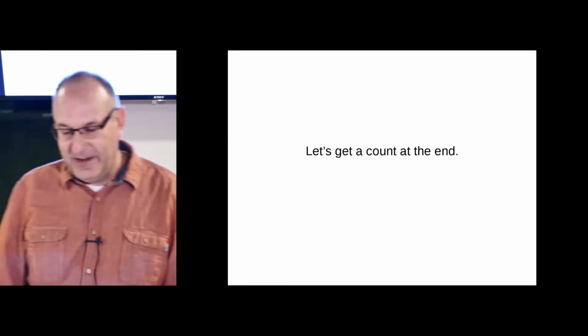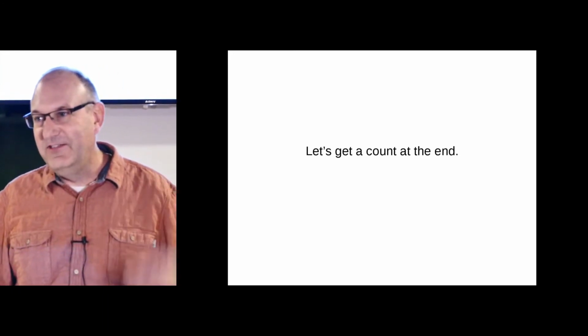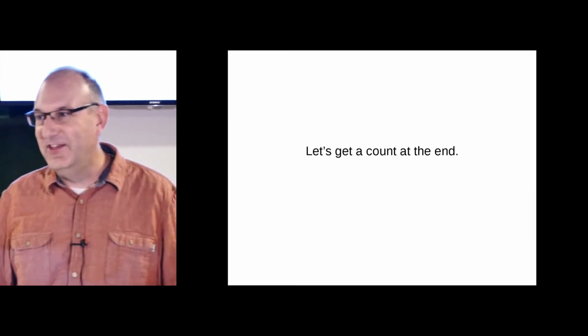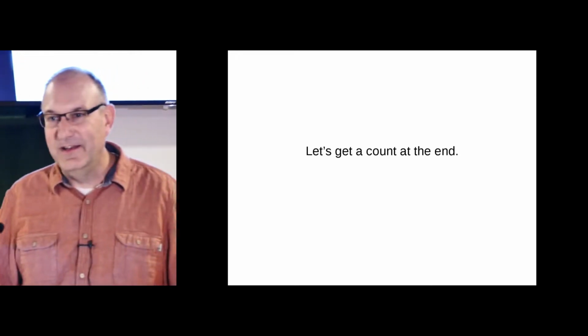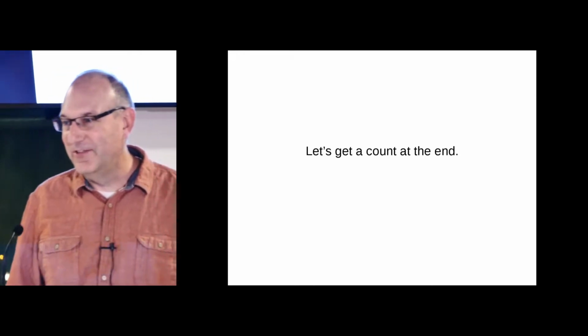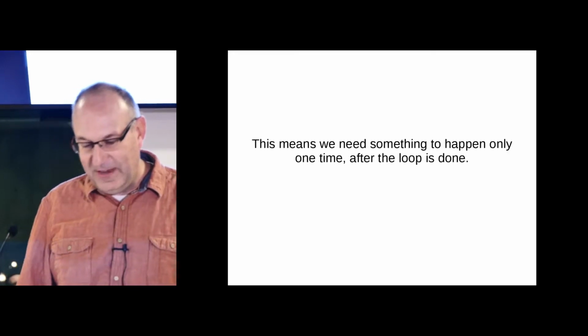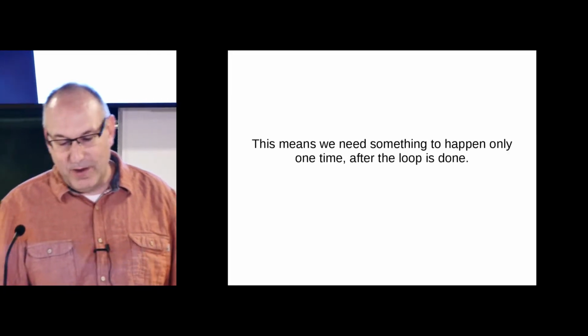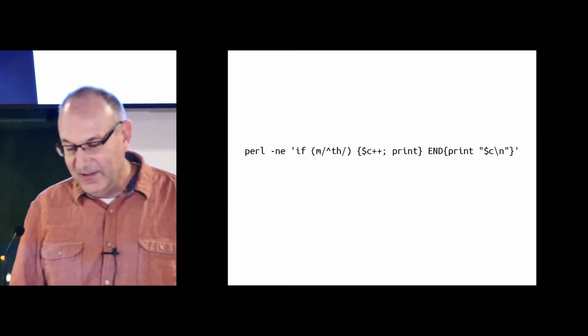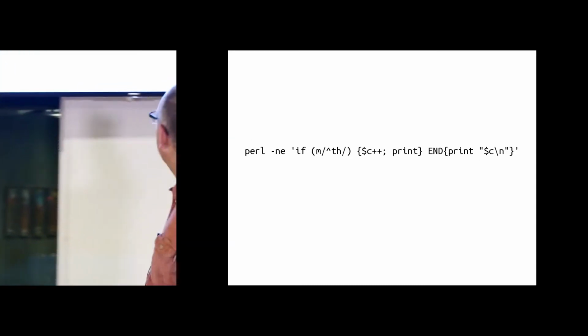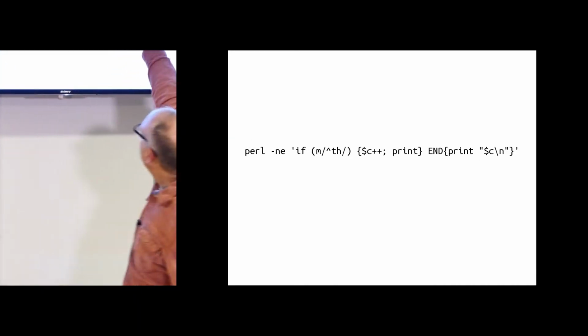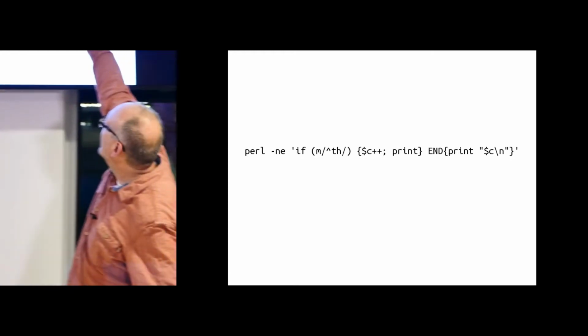So how about if we just want to get a line count? Now, the easiest thing would probably be to use wc -l and then tail -1 or something like that. But instead, let's just get a line count. So this means we need something to only happen one time after the loop is done. To do that, we're going to tell Perl that we want an END block to print.